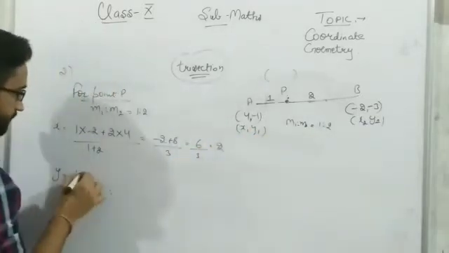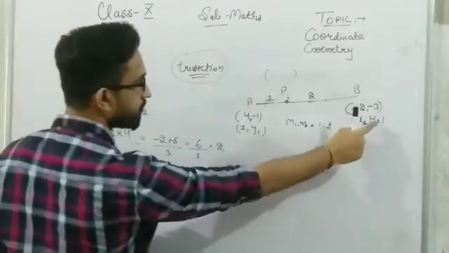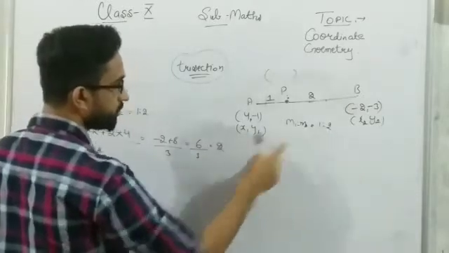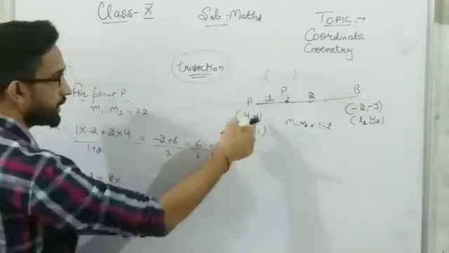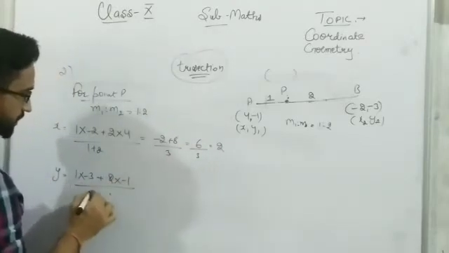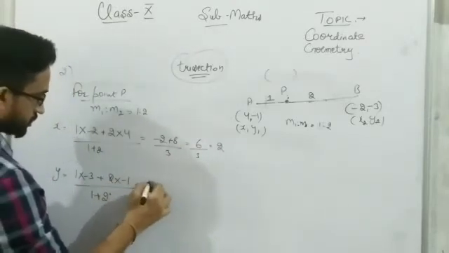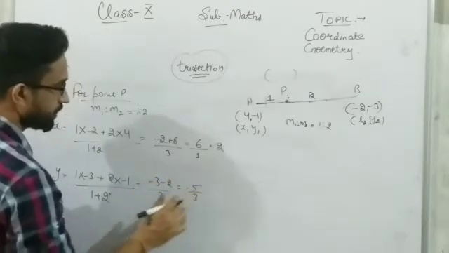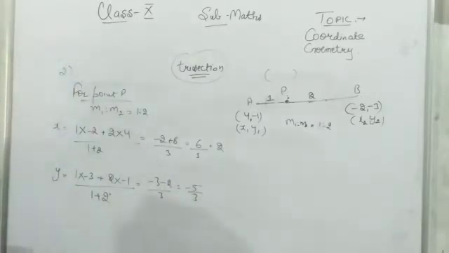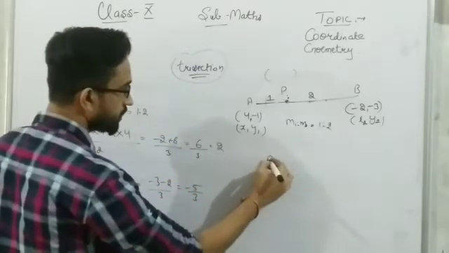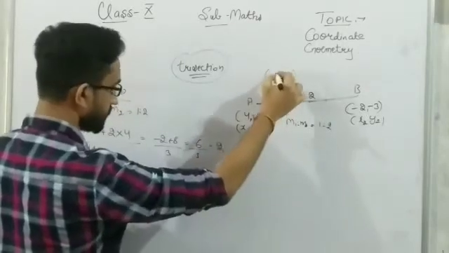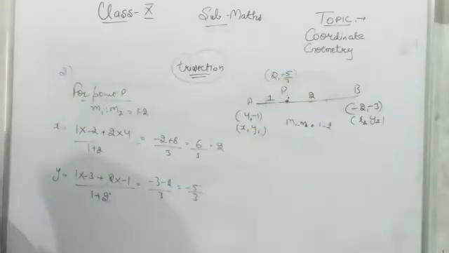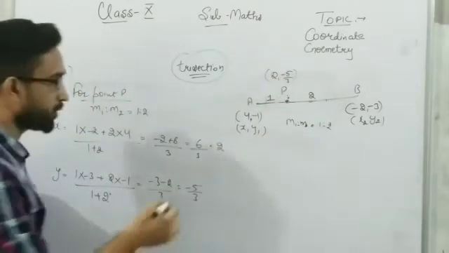M1, that is 1, into y2, that is -3, plus M2 into y1, that is 2 into -1, upon 1 plus 2. So (-3 - 2)/3, that is -5/3. This gives us the point P, which has the coordinates (2, -5/3), right?